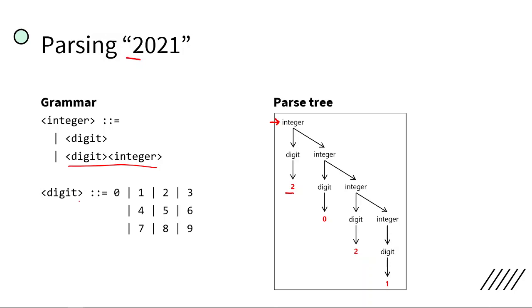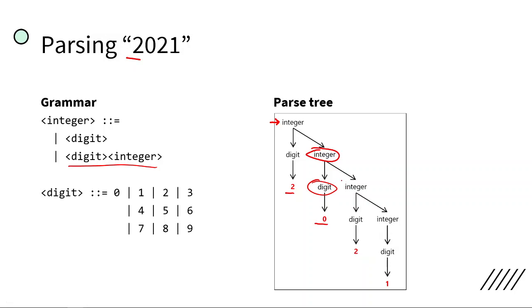Next, this integer, we can also break it down to digit integer again. And then the digit can become 0.